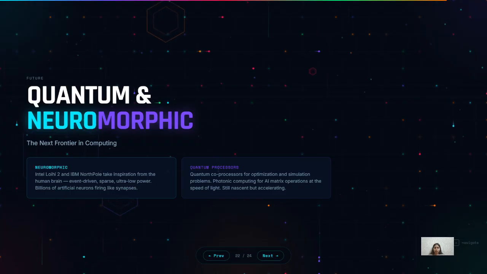Quantum processors are for optimization and simulation problems. Photonic computing handles AI matrix operations at the speed of light. Still nascent but accelerating.